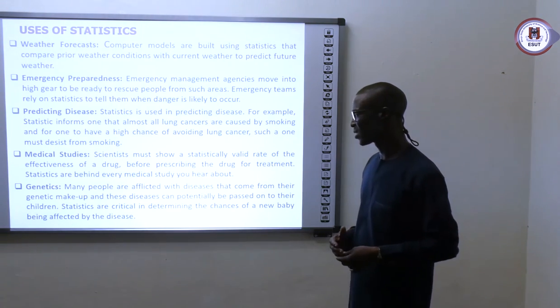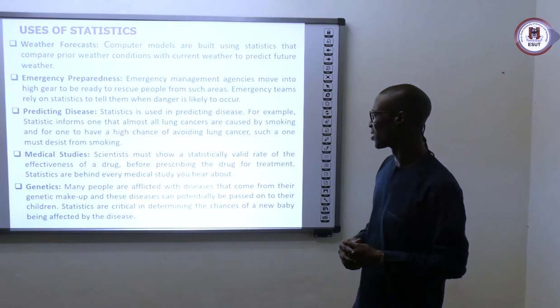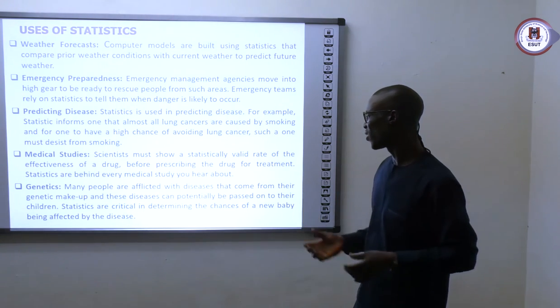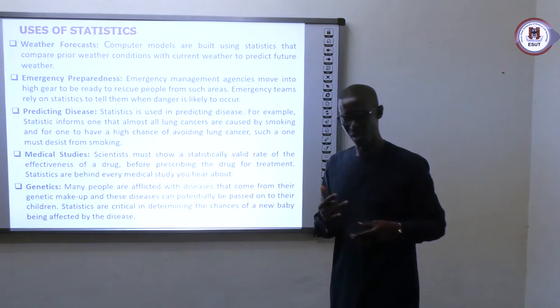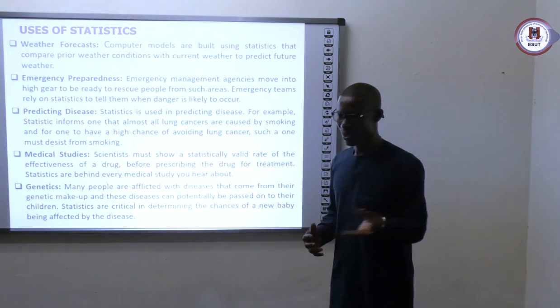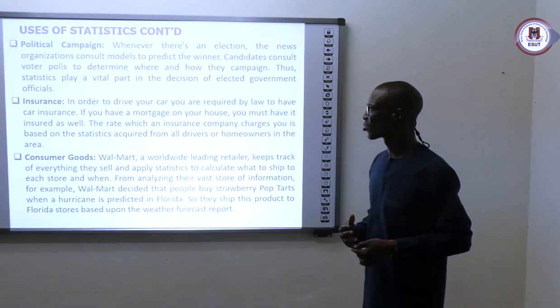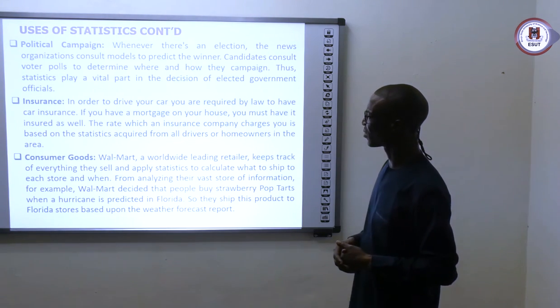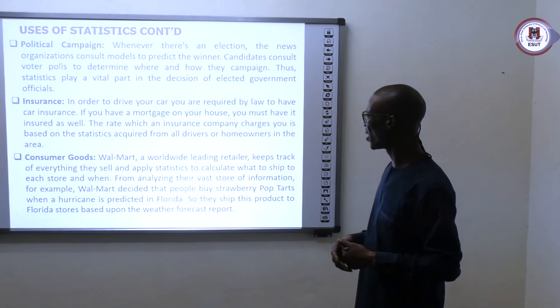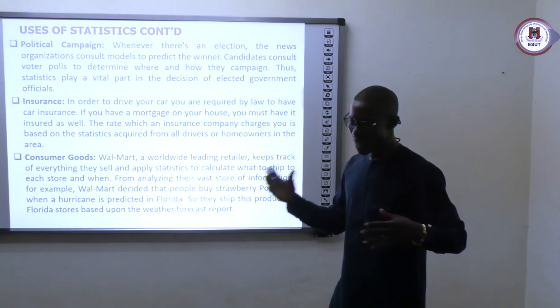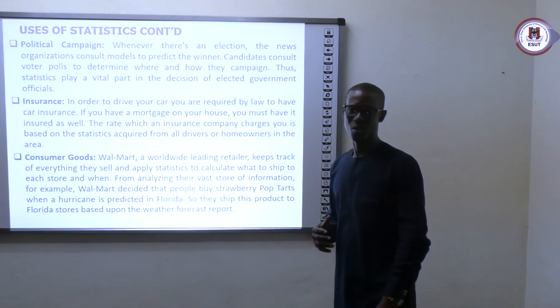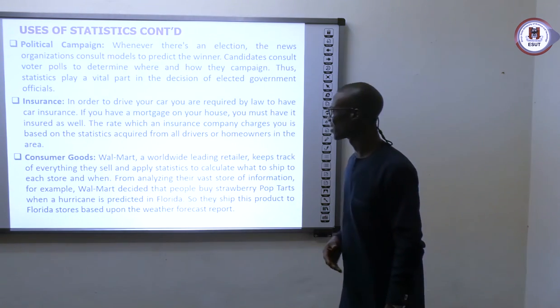So it requires statistics. It is in genetic dealings. People are afflicted with different diseases. Without statistics, no one could detect that a disease is genetic or that a disease is hereditary. So statistics is all about that. Political campaign again needs statistics. For you to know the best strategy to outweigh your opponent, you need to apply statistics.